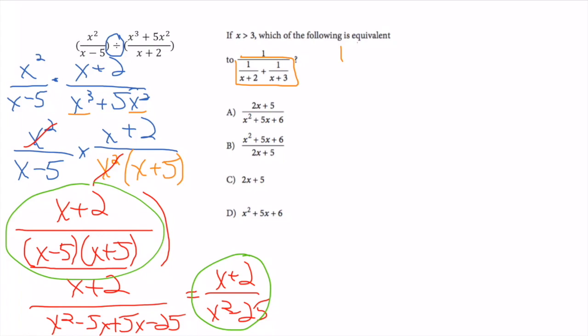The first is I'll multiply it by the denominator of the other. And I know that I'm going to end up combining the bottoms to have a common denominator.